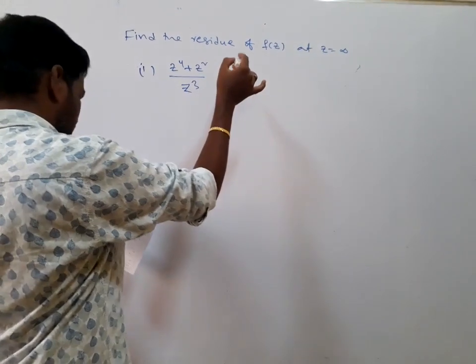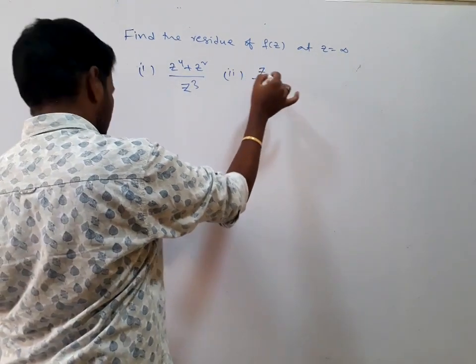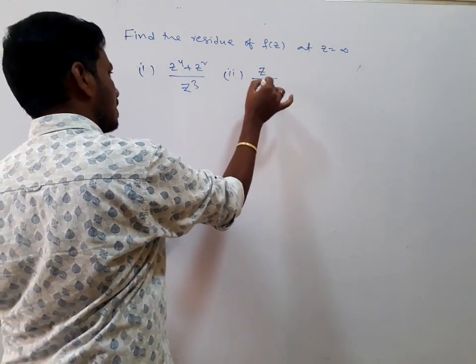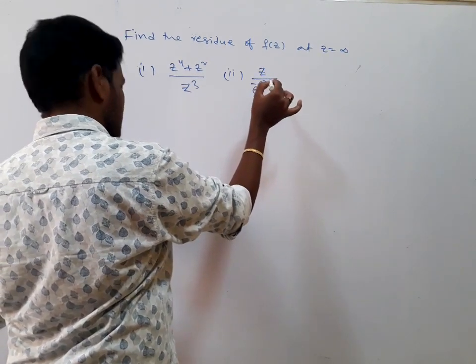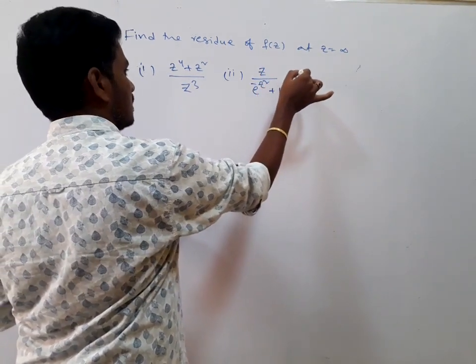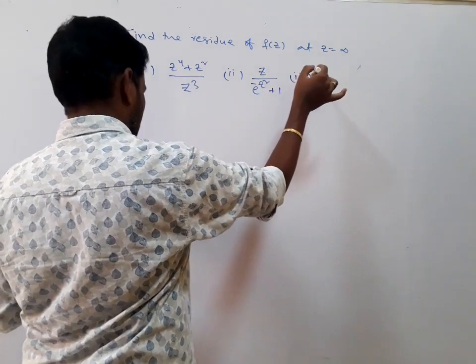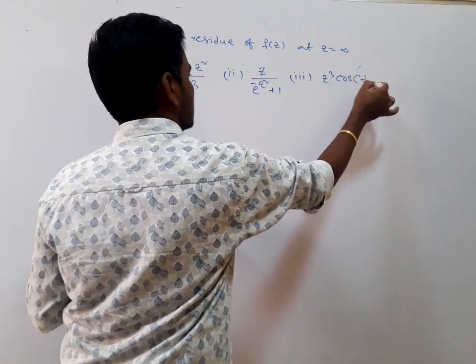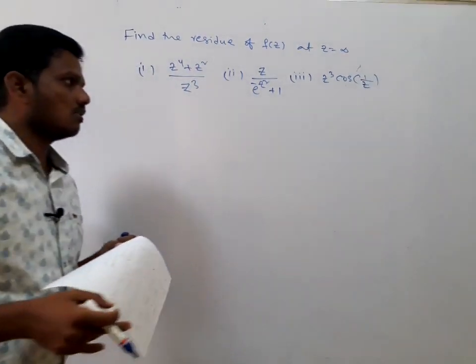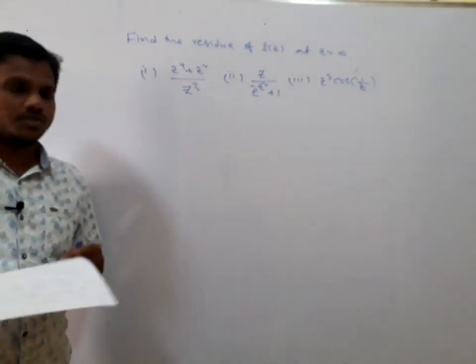Second one, z divided by e^(z^2), e^(-z^2) + 1. Third one, z^3 cos(1/z). We need to find the residue of f(z) at z = infinity.